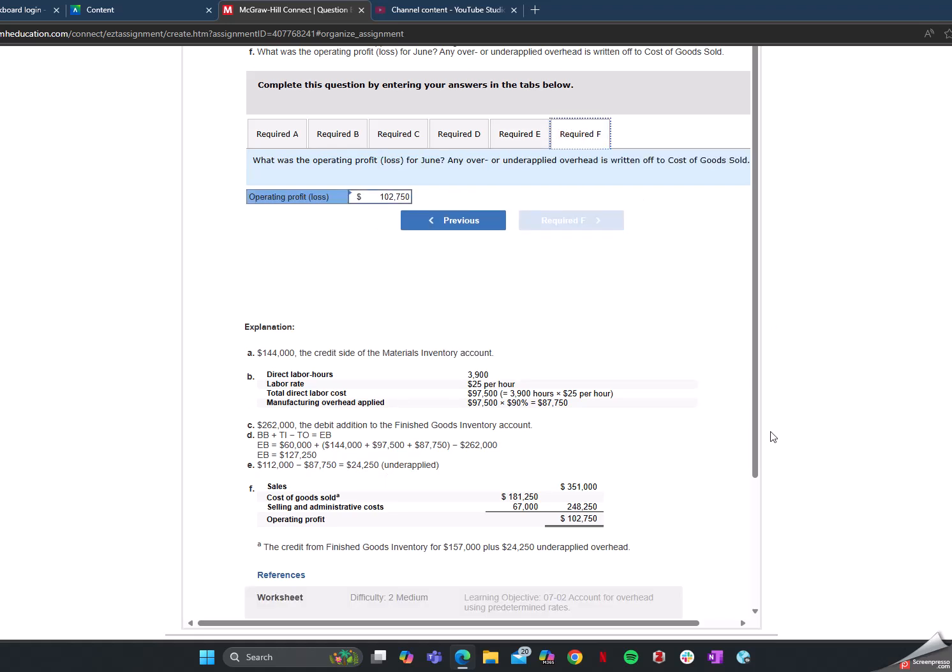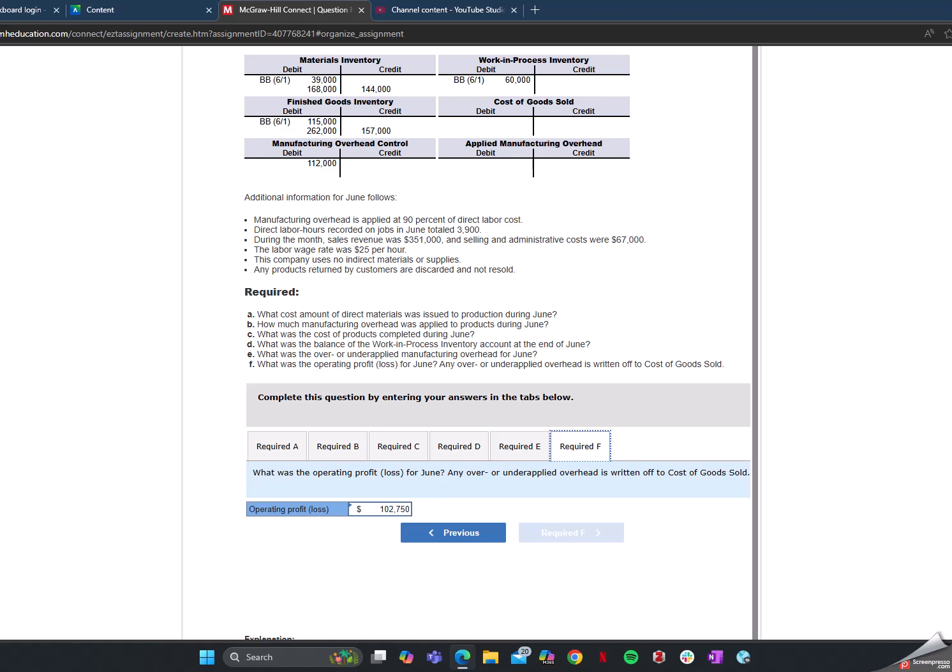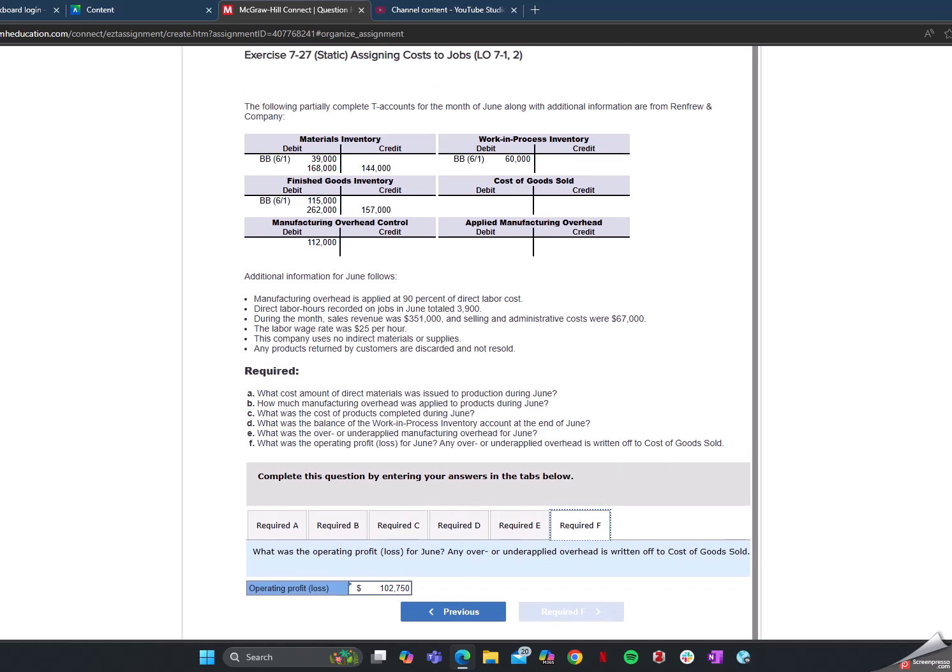And then finally, what is our operating profit? So again, remember that under applied is going to get written off to cost of goods sold. So we have sales, which is given to us here. So during the month, there's $351,000 of sales.